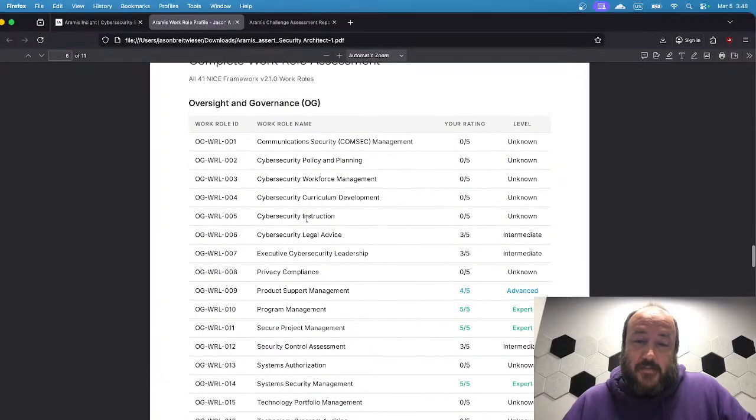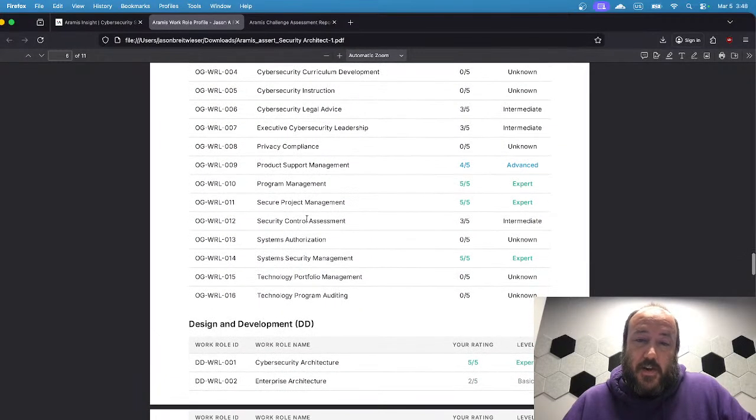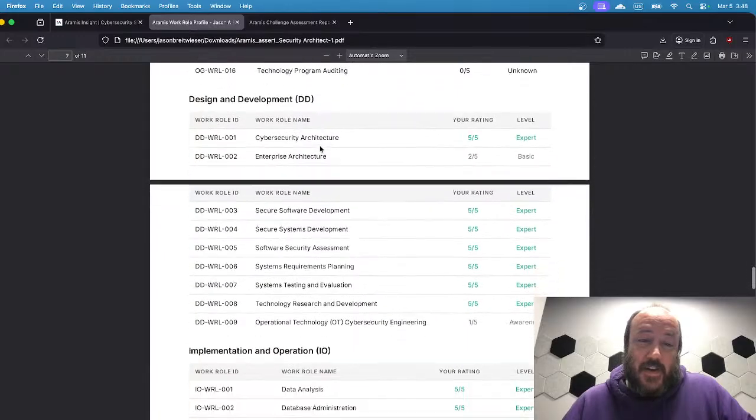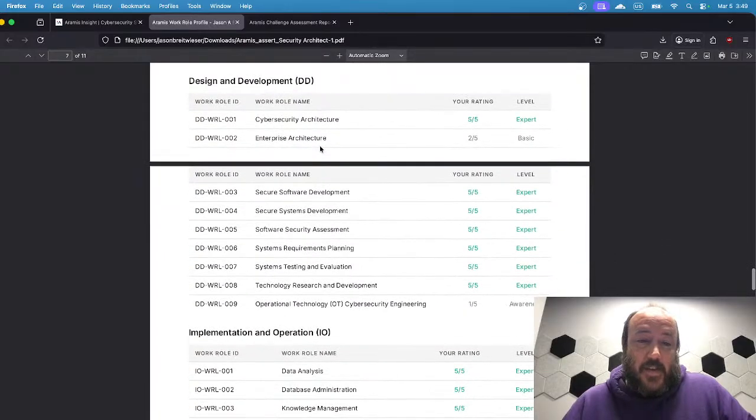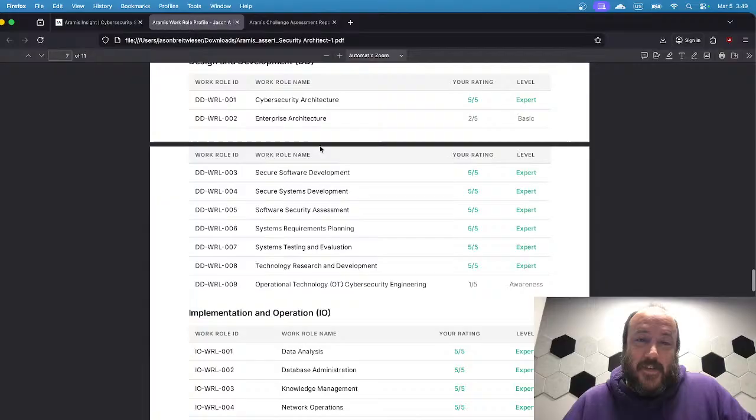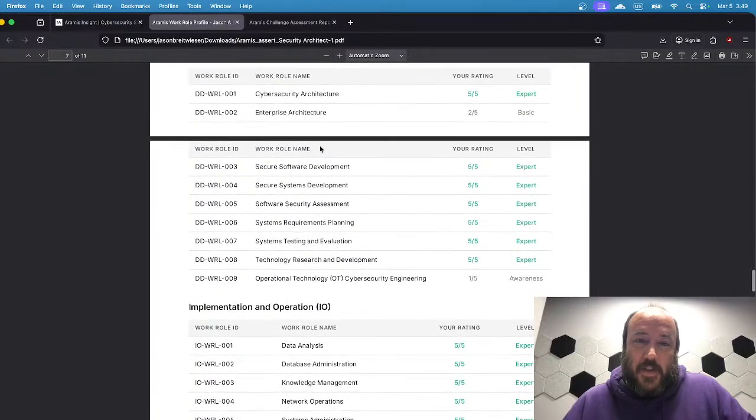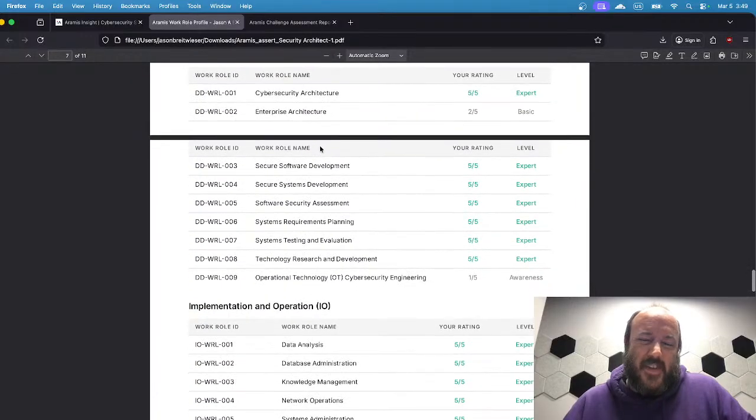However, the rest of these are pretty strong. Privacy compliance, yeah, I'm just not a compliance lead. I'm sorry. I study very hard, a lot of things. Compliance is probably one of the things that I do not study as well as others.